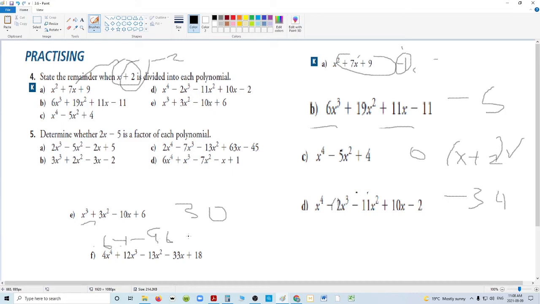And then you get 4 times minus 13, which is minus 52. Then minus 32, 3 times minus 2 is plus 66. And then plus 18. Wow. So this one I might use a calculator, but 64 plus 66 is 130. Plus 18 is 148.